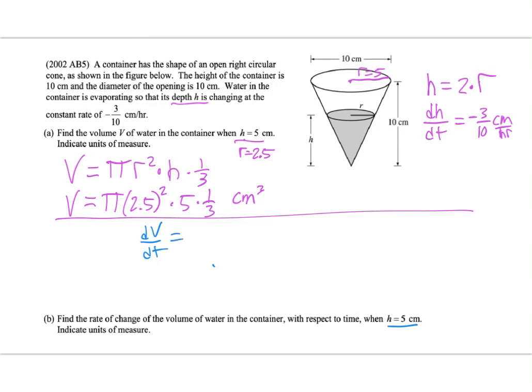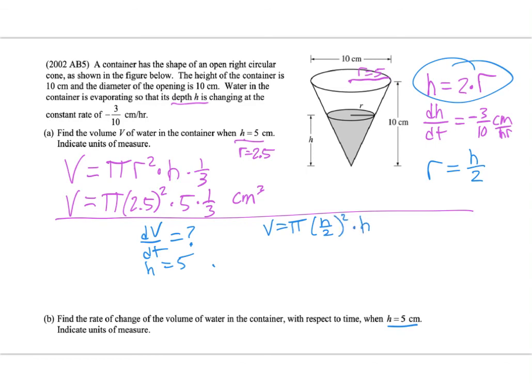So I might start from my volume equation. And when I do that, since we're dealing with h, let's change this formula so that r is equal to h over 2, so I can plug that in. So V is pi (h over 2) squared times h times a third.